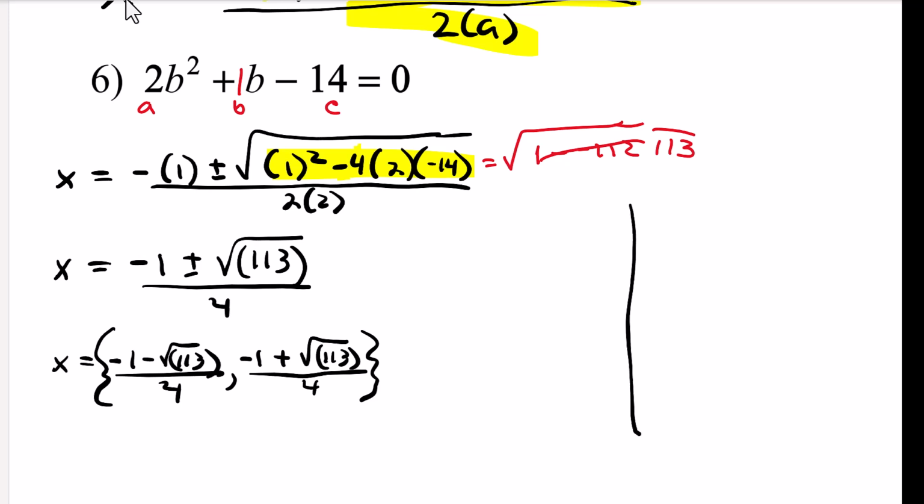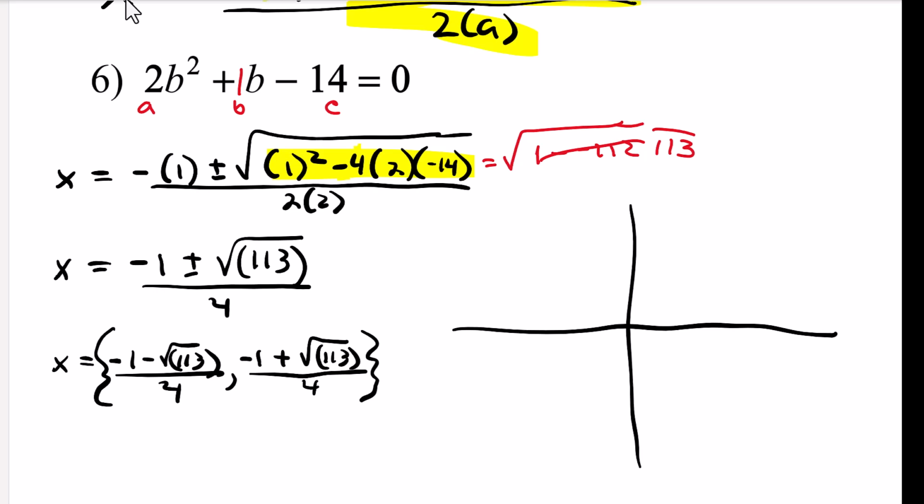Okay, so when you go to graph it, you could type that into your calculator to figure out the square root of 113 is a little bit more than 10. So negative 1 subtract 10 is negative 11 divide 4, and negative 1 plus 10 would be 9 over 4. That's not close, but it gives you an idea.